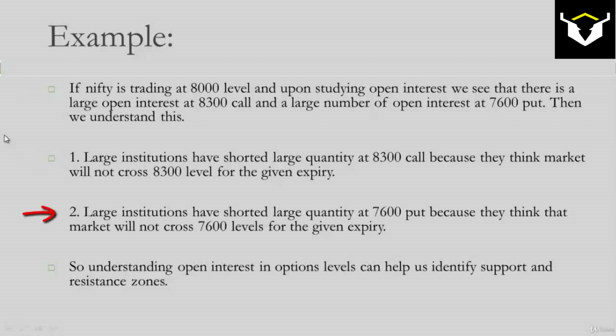Second, large institutions have shorted a large quantity at 7,600 put because they think the market will not cross 7,600 level for that given expiry month. So understanding open interest in options can help us identify support and resistance zones for that future contract.